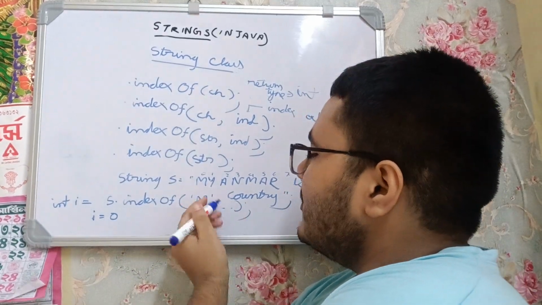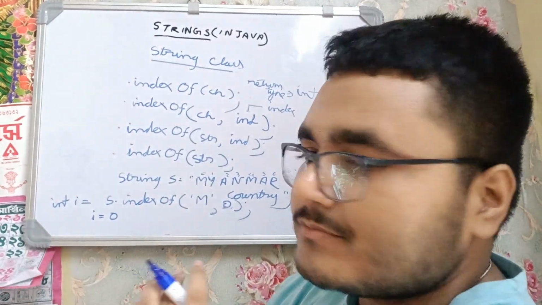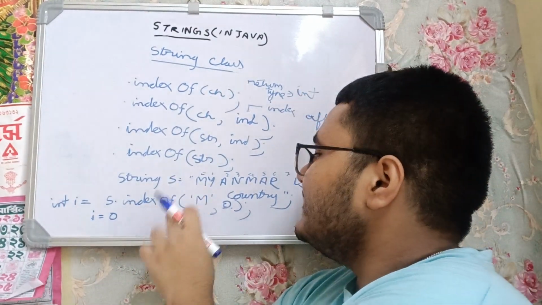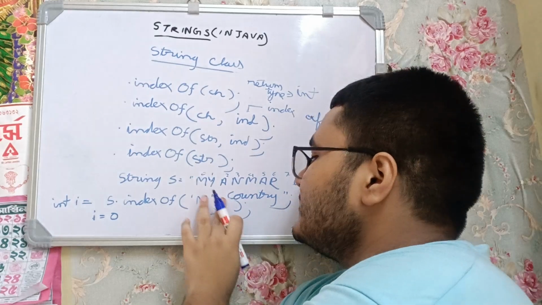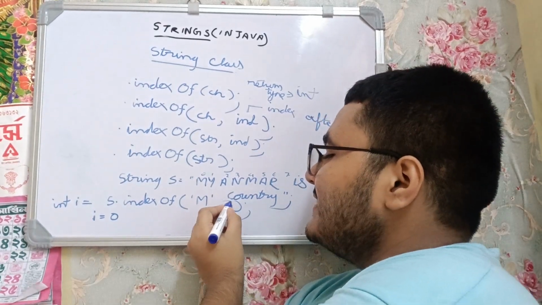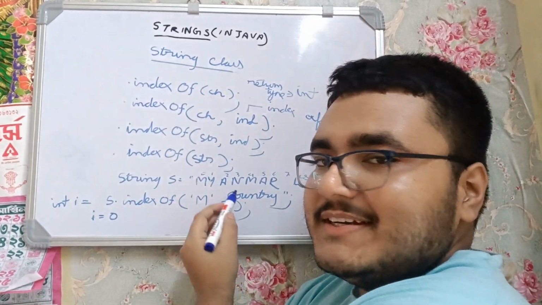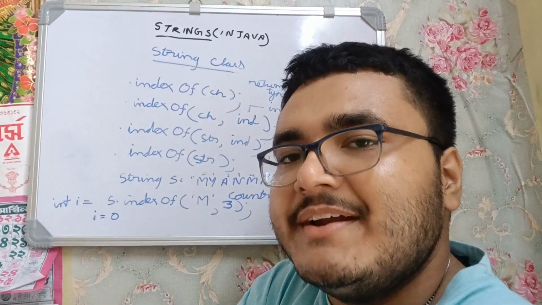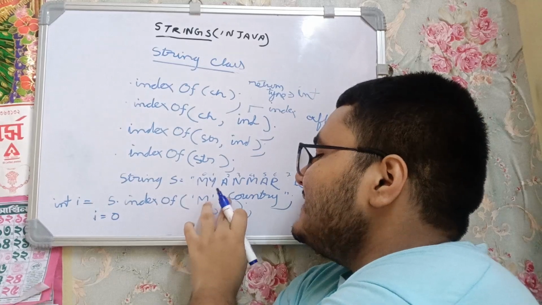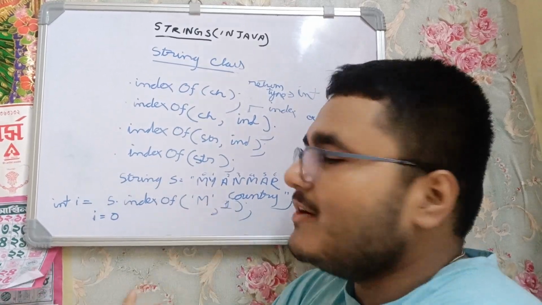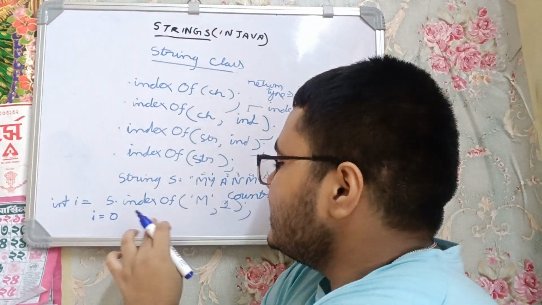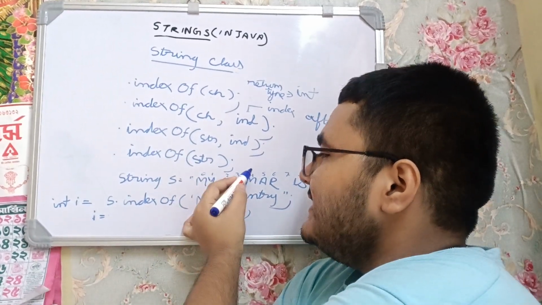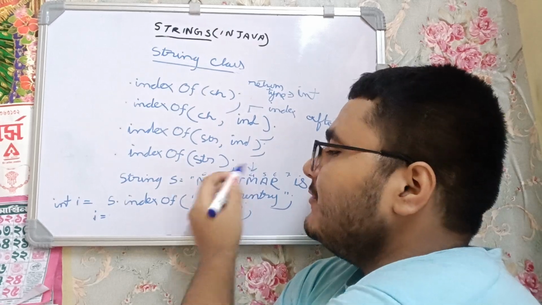Even if you write 0, no problem. After 0, wherever m is present, return that. Even if you write 3, I am saying that after index 3, wherever you get the first m, return that. That is the concept. So if I write 1, 2 or 3, what will be the index value of m? After index 1, m is present at index 4. So the value of i will be 4.